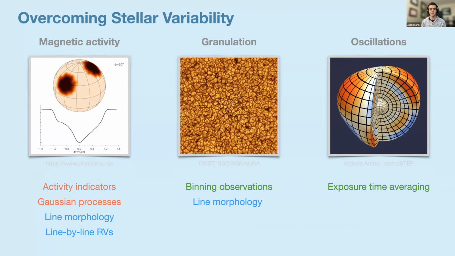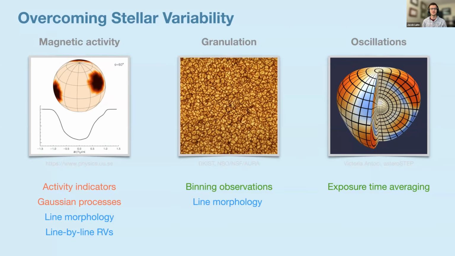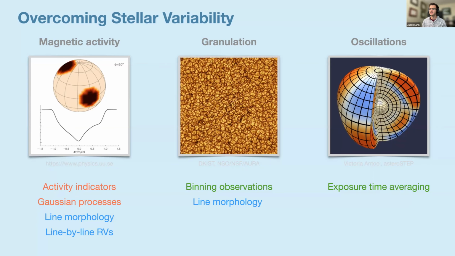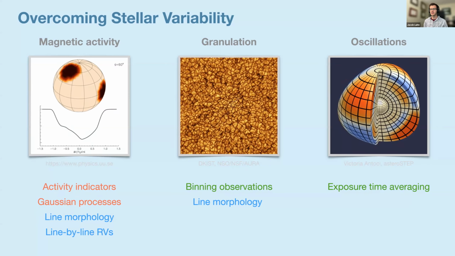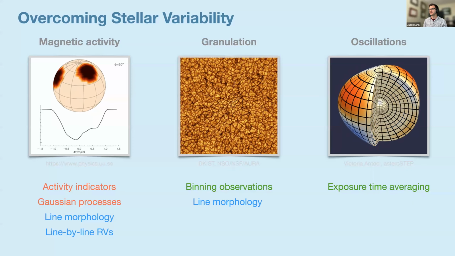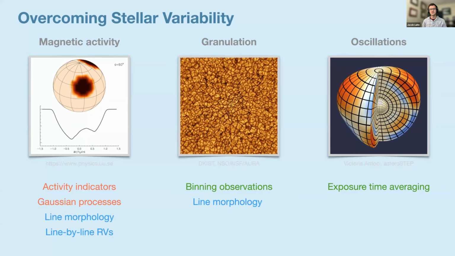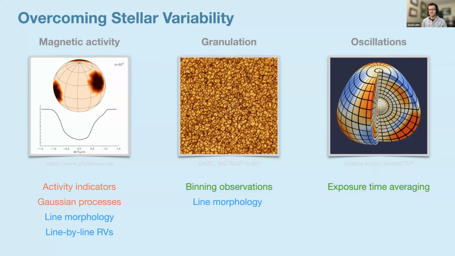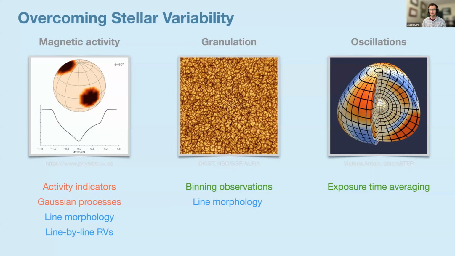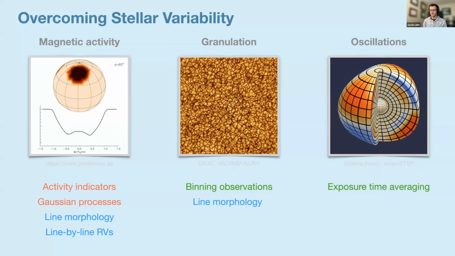In blue, we're looking at things that operate on the spectra or sort of closely related, like CCF, cross-correlation functions. And then in green, also, we can use observational techniques to try to mitigate these sources of variability. And so we're left with a challenge of trying to understand how all of these different mitigation techniques perform on different types of stars and for different sources of variability.